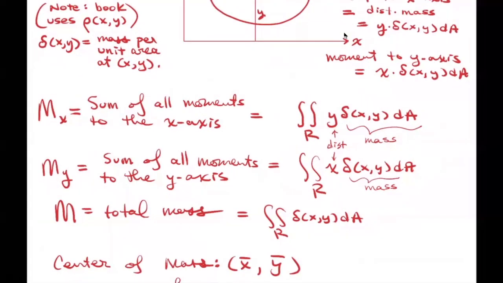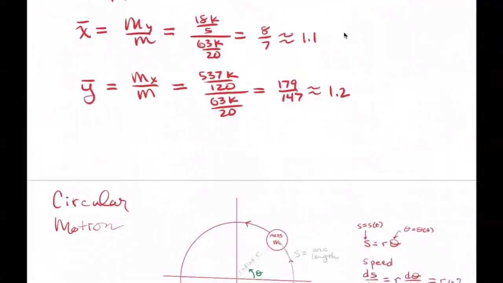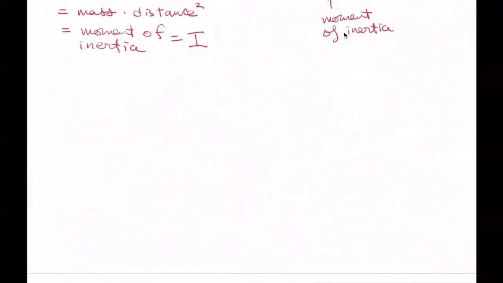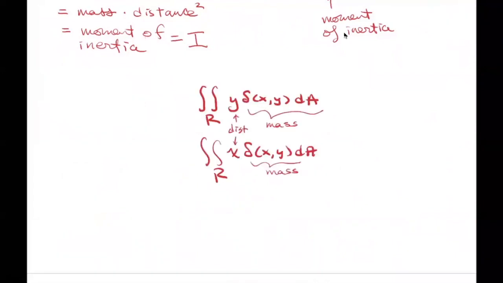If we take these formulas, all we have to do is change them to distances squared, and they become formulas for not the first moments, but the second moments, which are the moments of inertia. So we're going to grab these and put these down here.